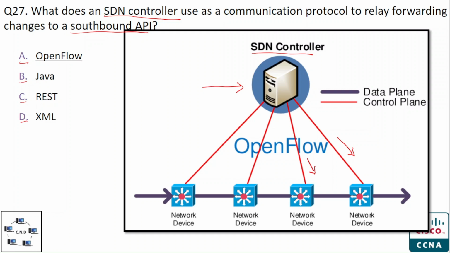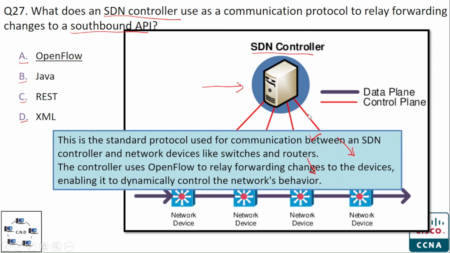So this controller talks with the network devices, that is switches, through the OpenFlow protocol. This is a standard protocol used for communication between an SDN controller and network devices like switches and routers. The controller uses OpenFlow to relay forwarding changes to the devices, enabling it to dynamically control the network's behavior.